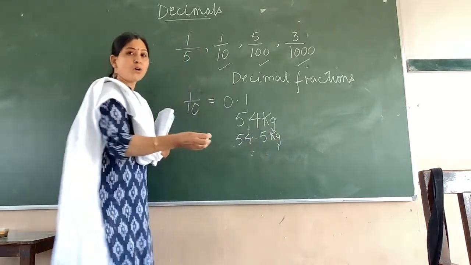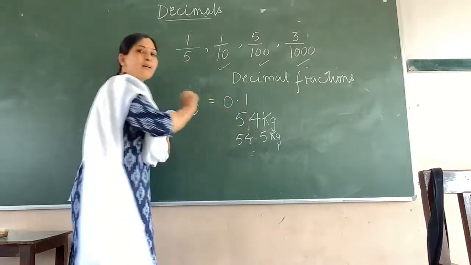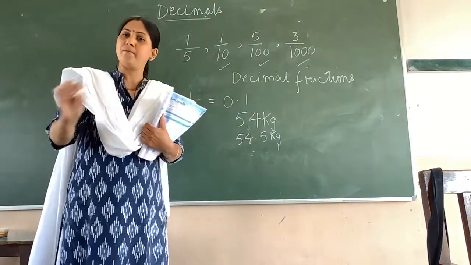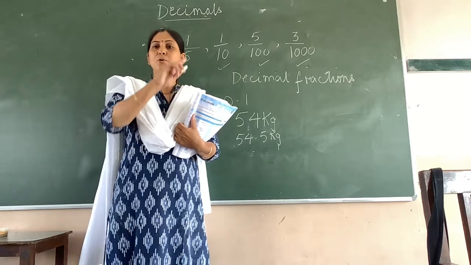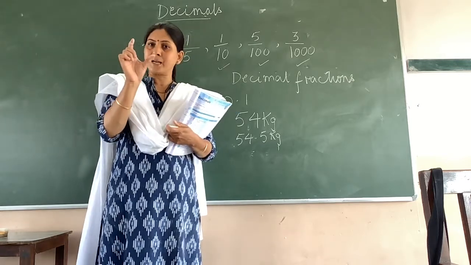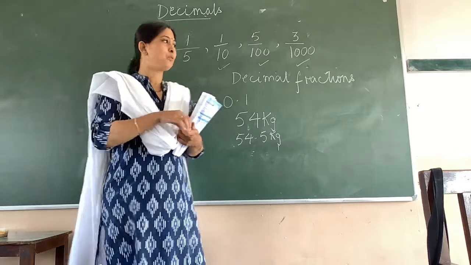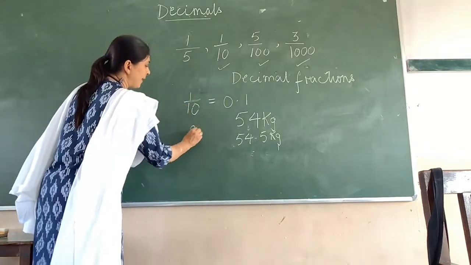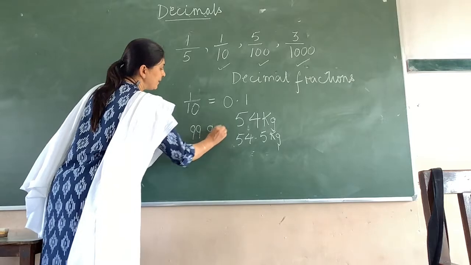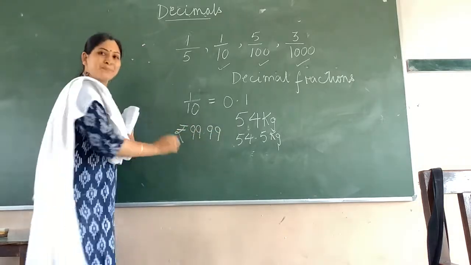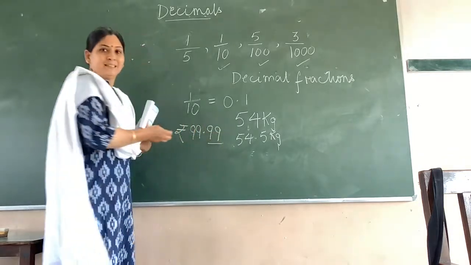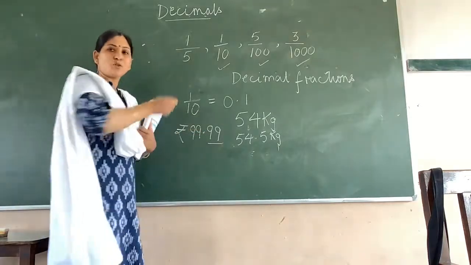So children, decimals are everywhere. When you go to buy something, suppose you go to a mall, you will see the price tags on the items. Sometimes you will see that a thing is 99.99 rupees. So there are decimals when we talk about money.